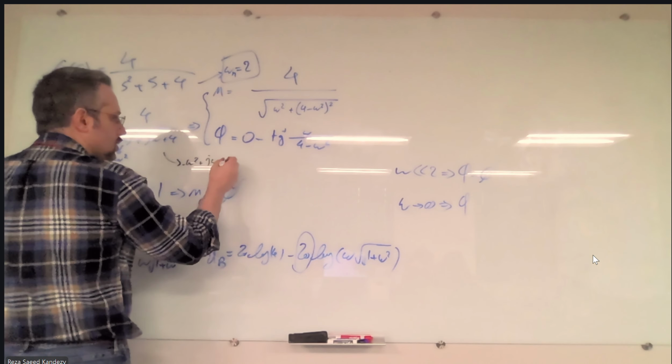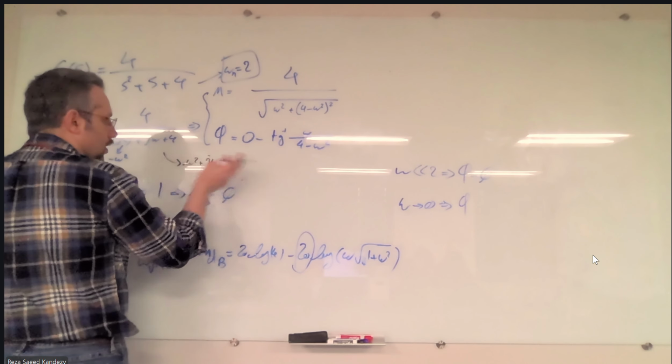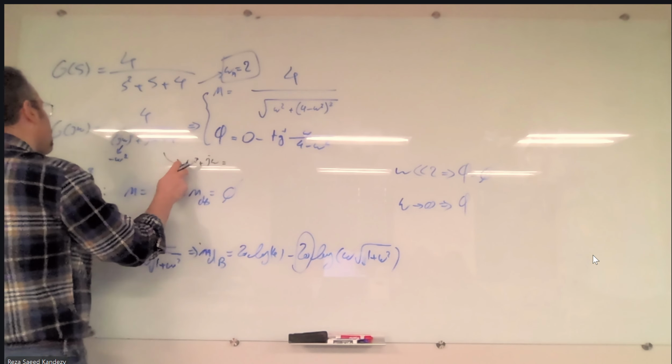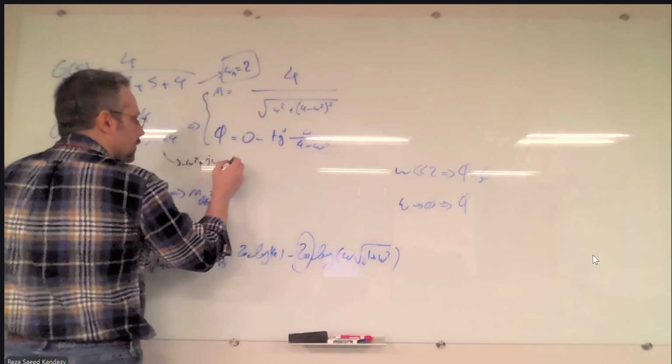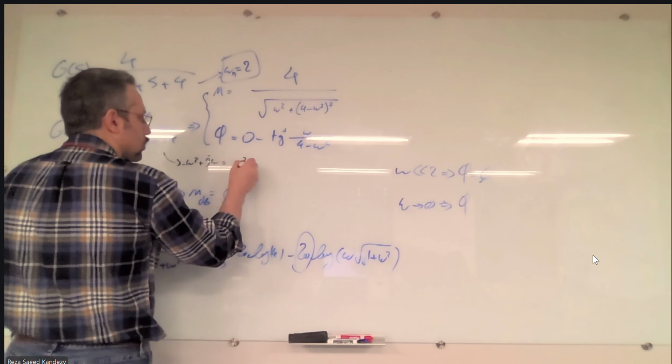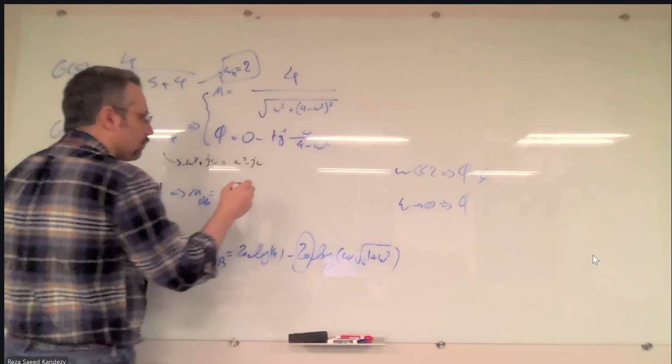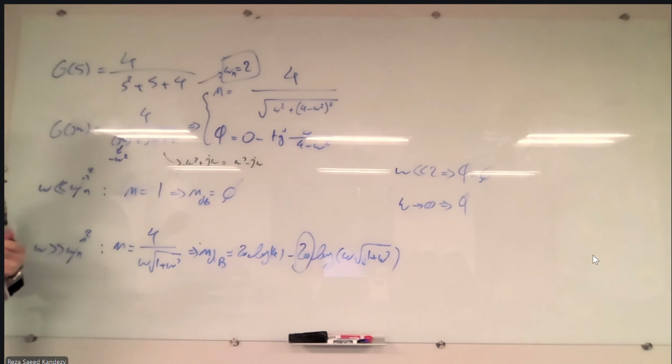Which is basically, we can swap the minus part and say it's omega squared minus j omega. Are we good? Are we good on that?